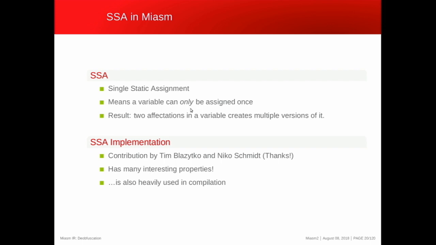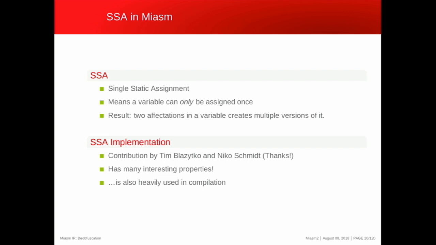In fact, it's very common in compilation to use this transformation in order to simplify code. So it has a very interesting property here. Each register can be assigned only once, so you have multiple versions of the same register. For example, you have EAX 0, EAX 1, EAX 2, etc.